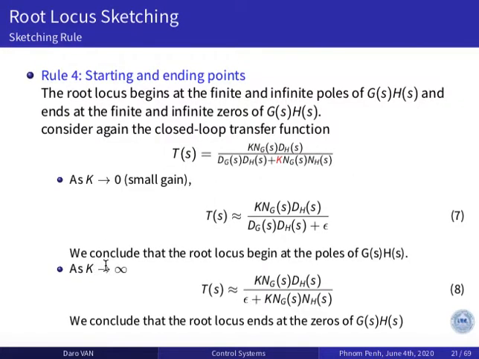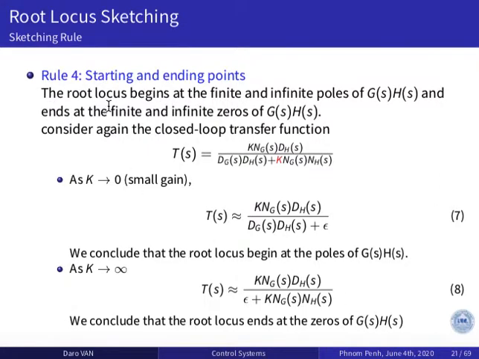And when k approaches infinity, this term will be dominant, and then you can assume the other term to be very small because this term is already dominant. As you can see in this term, we can conclude that the root locus ends at the zeros of G(s)H(s), which is this definition.